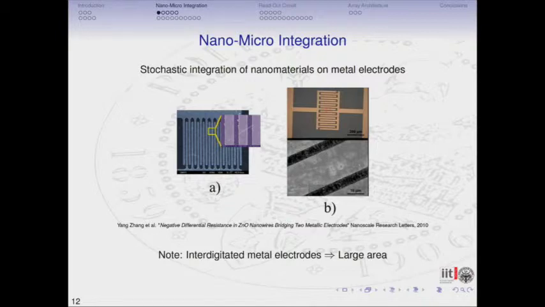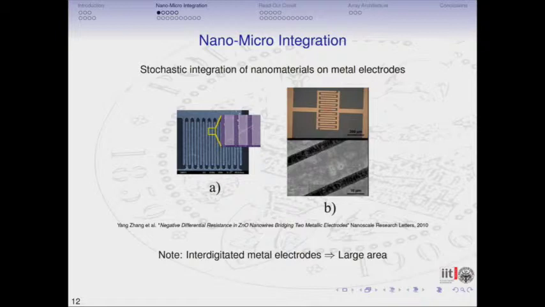One approach is stochastic, so you have an integration area, usually an interdigitated metal electrode, and then you drop your nanomaterials on that area, and there is a probability of connection that is directly linked to the amount of nanomaterials you drop on that area and on the area of your metal electrodes.